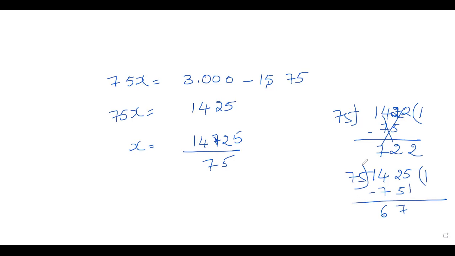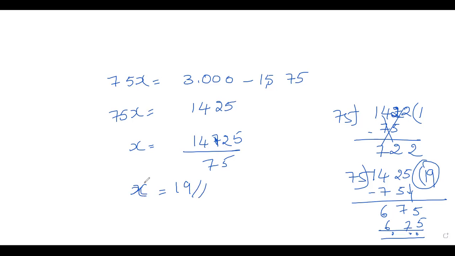So bring down 5. 9 5s are 45, 9 7s are 63, plus 4 is 67. Okay, so the answer is 19. The value of x is 19.